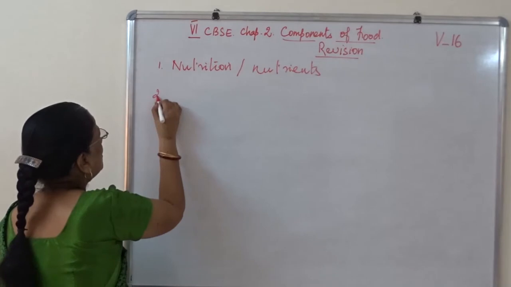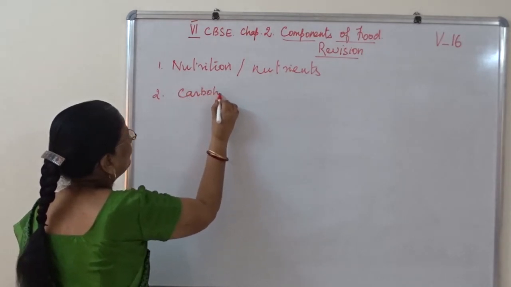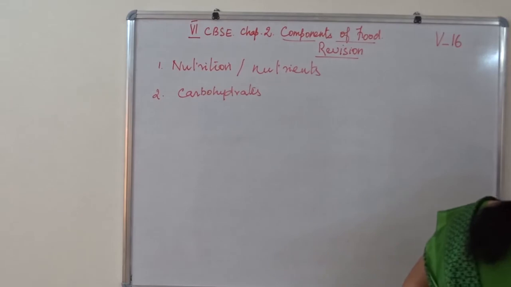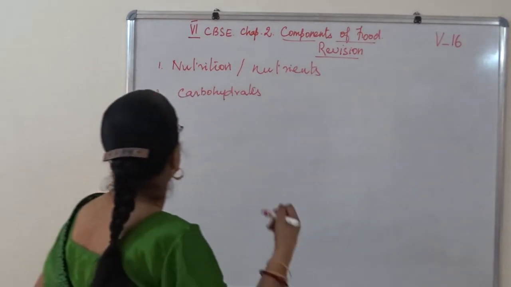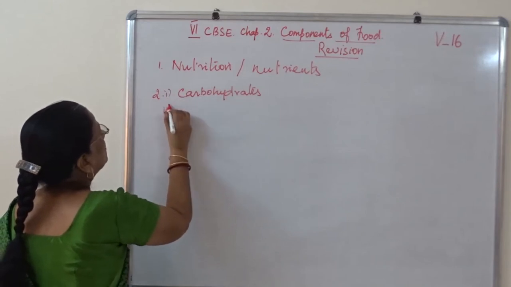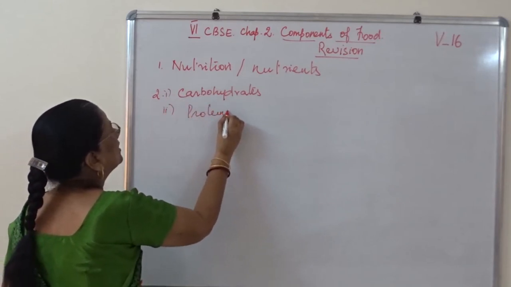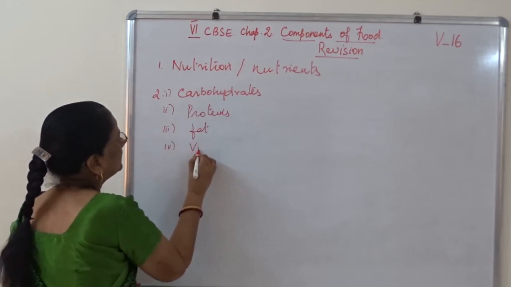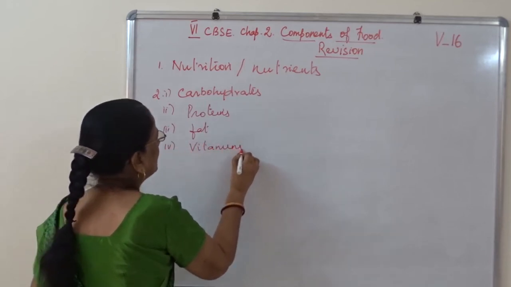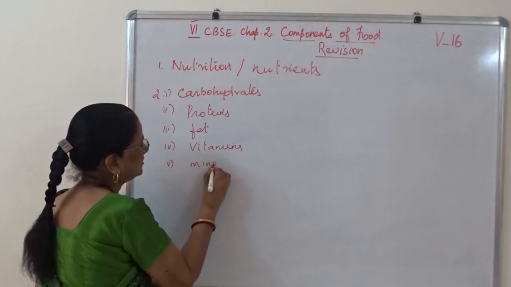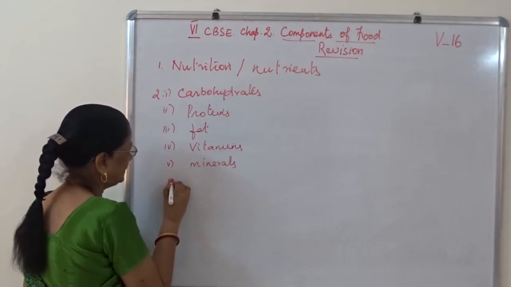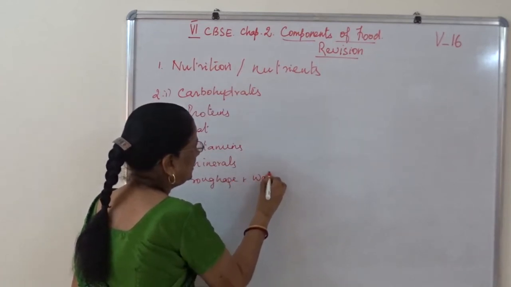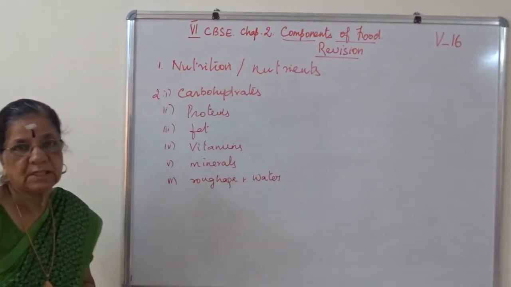Nutrients and the components: first carbohydrates, second proteins, third fat, fourth vitamins, fifth minerals, then roughage and water.